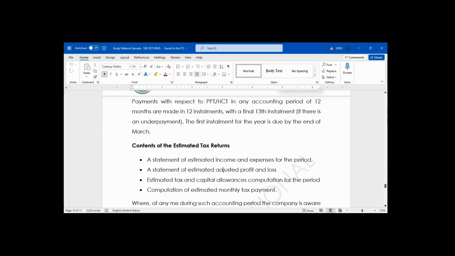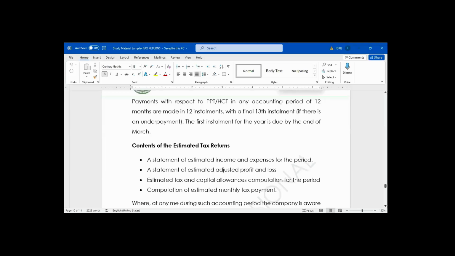Okay, I said petroleum companies, if they want to file petroleum profit tax return, file two types of return. First, estimated return. Second, actual return. Estimated return must be filed not later than 2 months from the beginning of the accounting year.